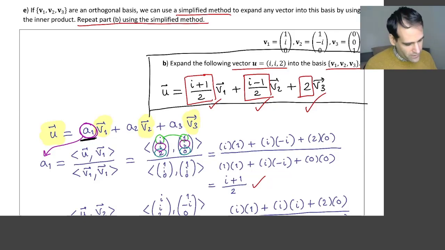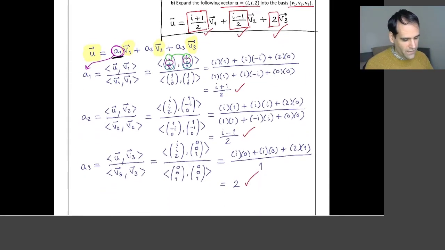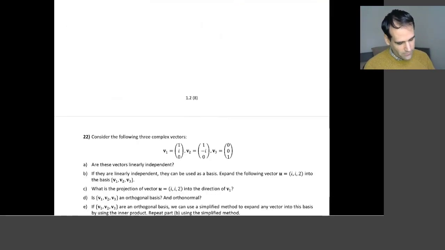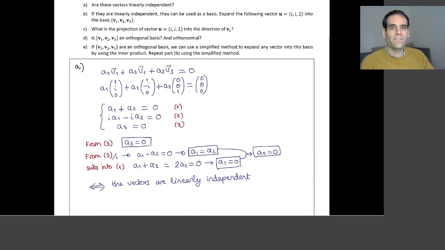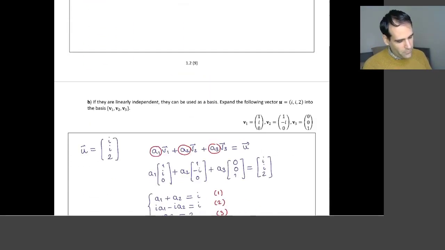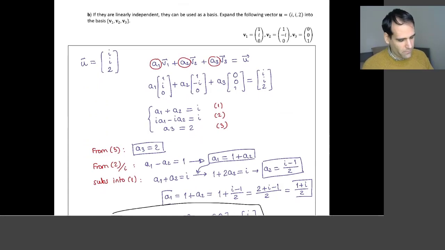So with this, we end this very long problem. And you can see we have practiced a lot of things. We started by checking if the vectors are linearly independent, so we had to solve this equation. Then we practiced writing a vector in a different basis, so expanding a vector in a certain basis, and for that we need to solve this system of equations.